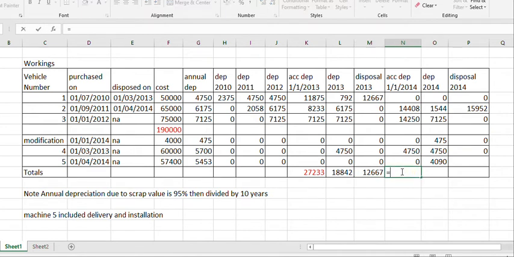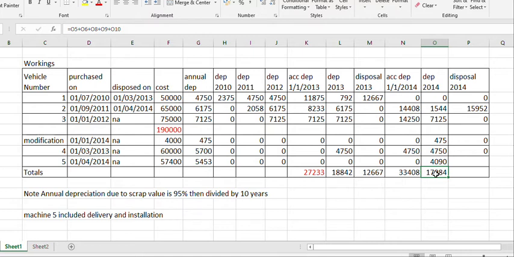We have accumulated depreciation for the opening balance in 2014, which comes from vehicle 2, vehicle 3, and vehicle 4, 33,408, and then depreciation in 2014: vehicle 2, vehicle 3, the modification, vehicle 4, and vehicle 5. 17,984. I've gone wrong somewhere.